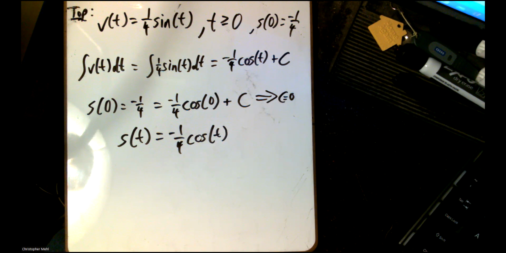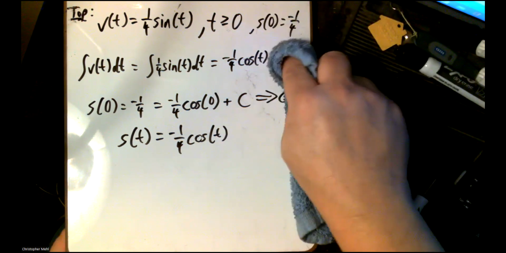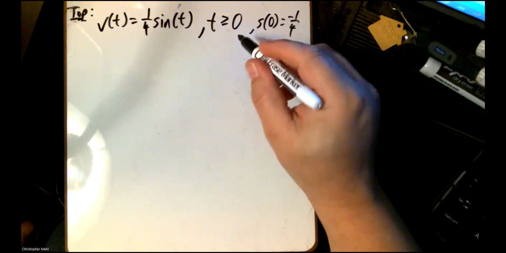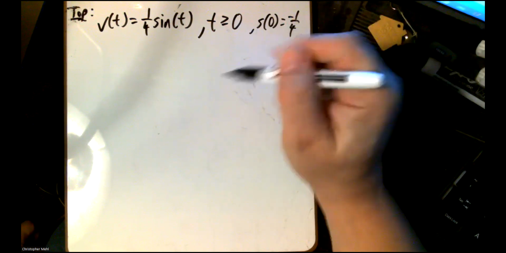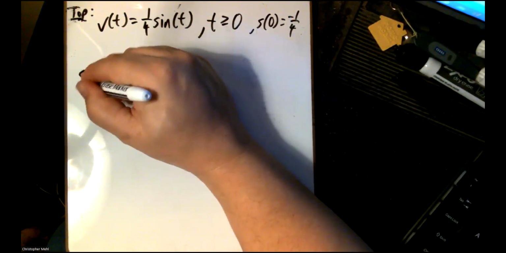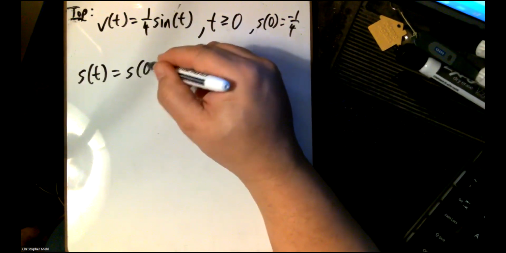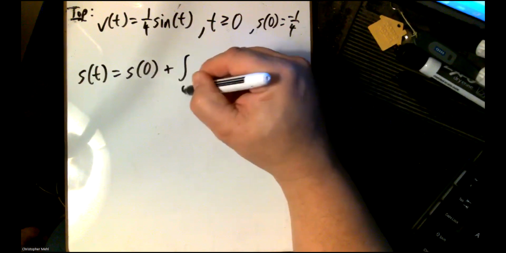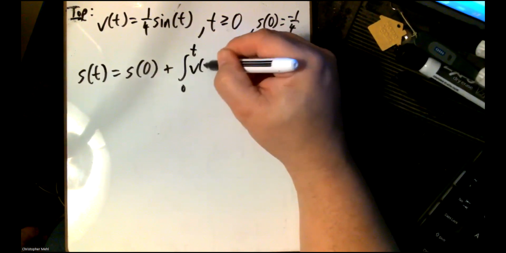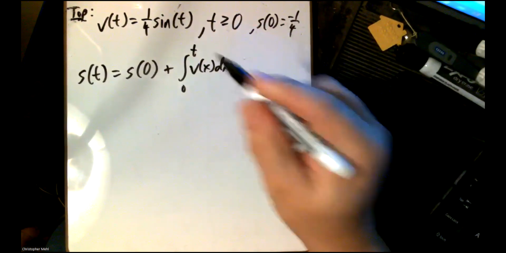Alternately, I could use theorem 6.1. Theorem 6.1 says, okay, I know V, I know S of 0, and so my position function S of t is going to be S of 0 plus the integral from 0 to t of V of x dx.